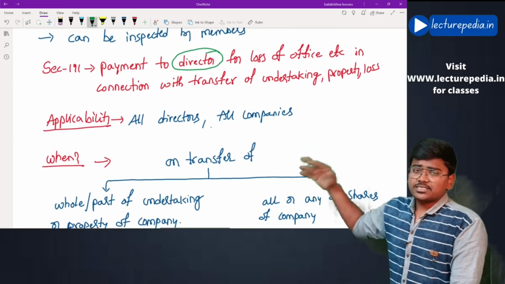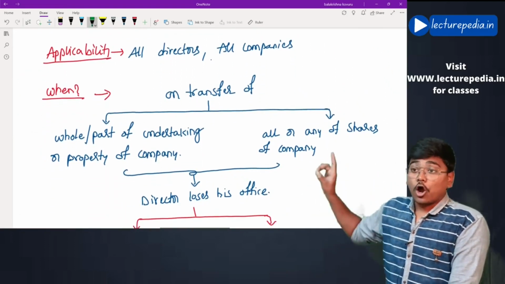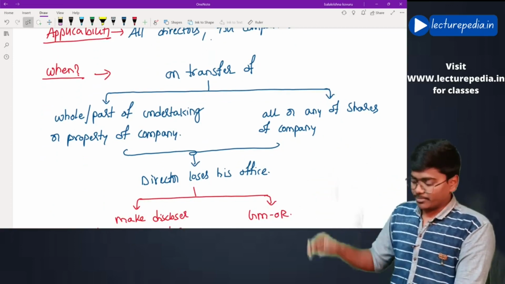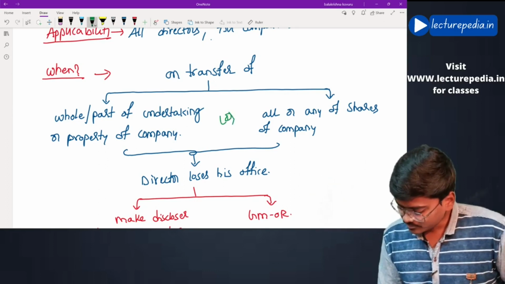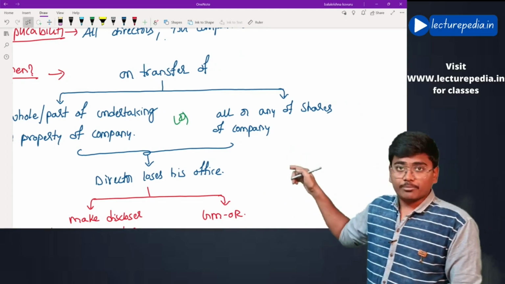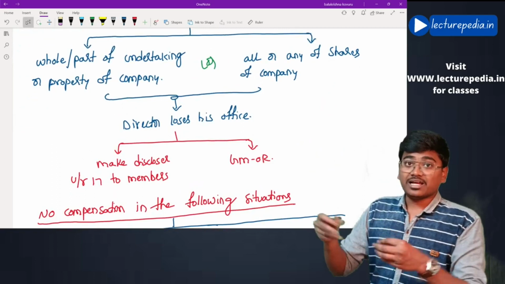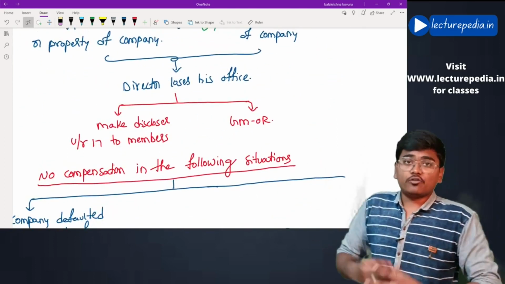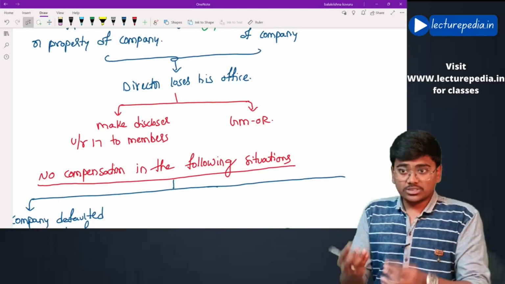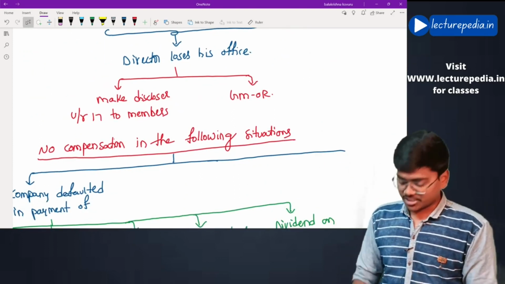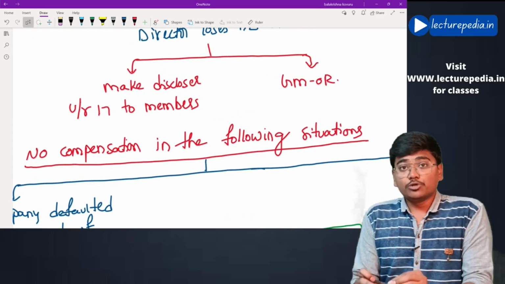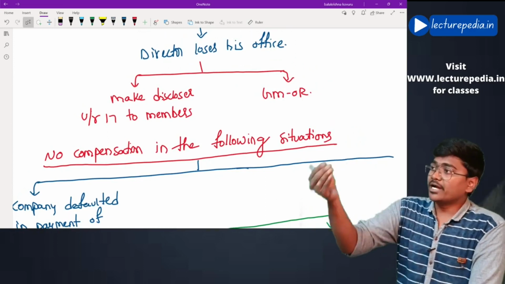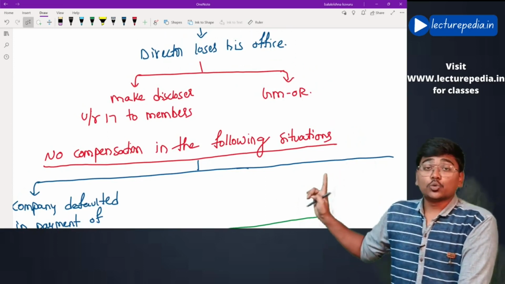Applicable to all directors, all companies, when on transfer of whole or part of the undertaking or property of the company, or all or any of the shares of the company have been transferred, as a result of these two transactions, the director loses his office. Hope that is clear. When he loses his office of directorship, then he will be eligible for compensation, subject to the condition that disclosures have to be made to the members under Rule 17.